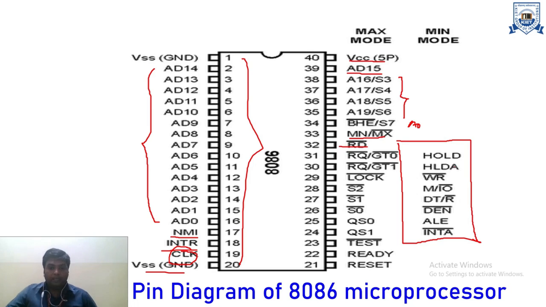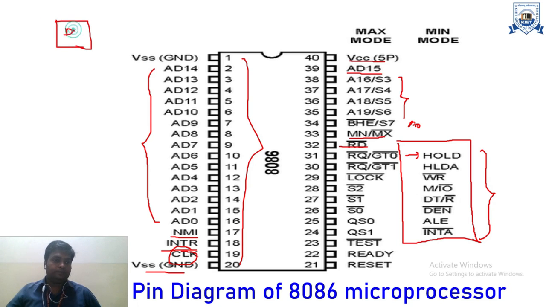Now, pins 24 to 31 are actually changed in minimum mode. We will discuss them one by one. First of all, the 31st pin is HOLD. Whenever peripheral devices want to communicate directly with memory, we generally use the DMA controller.